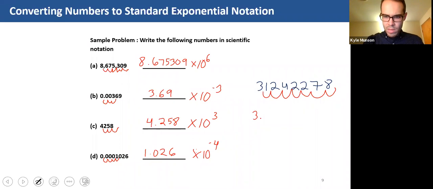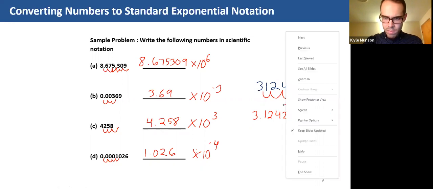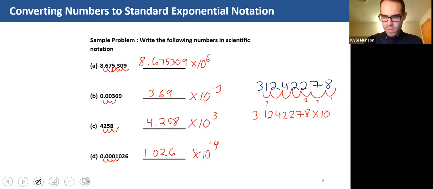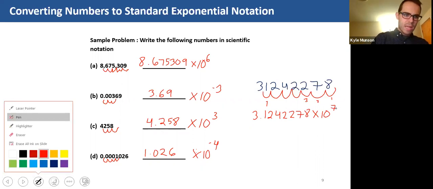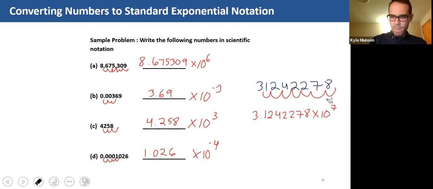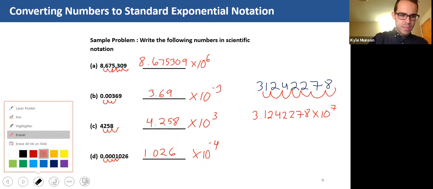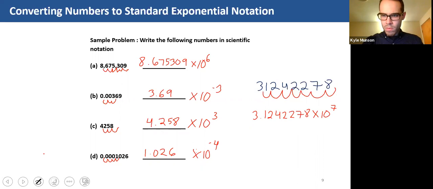So this is 3.1242227 times 10 to the 7th. Okay, we moved over 7 places, I believe. Yes. All right, so that's our number.